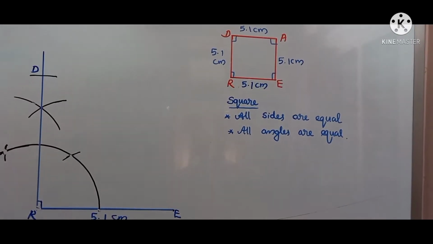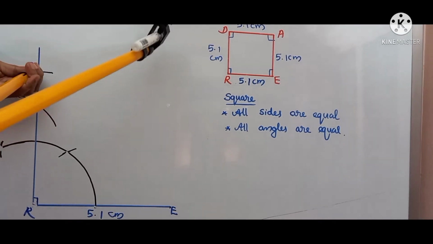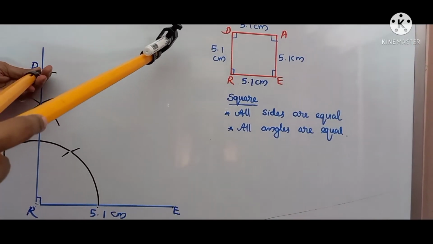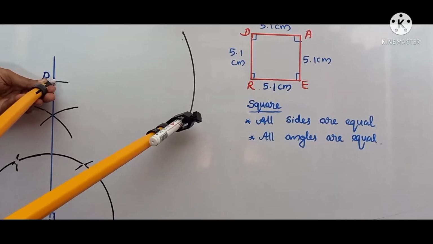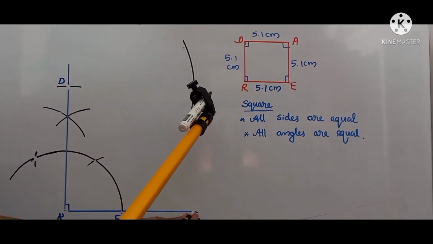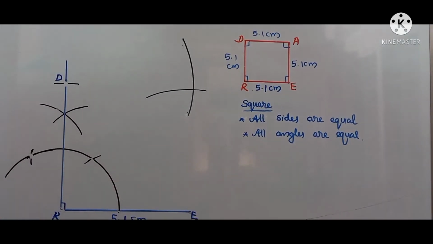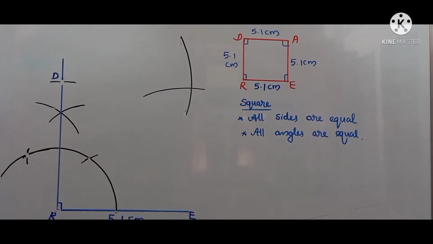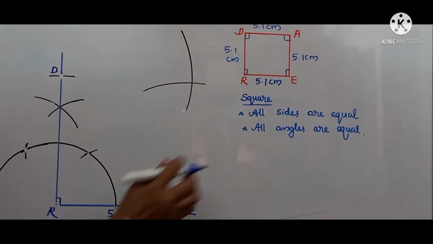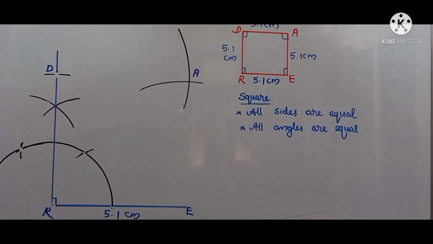Then pointing on D, draw an arc without changing the compass width. Point our compass on E and draw another arc. Now we have got the point of intersection of these two arcs, that is the point A. Then we just join these points.